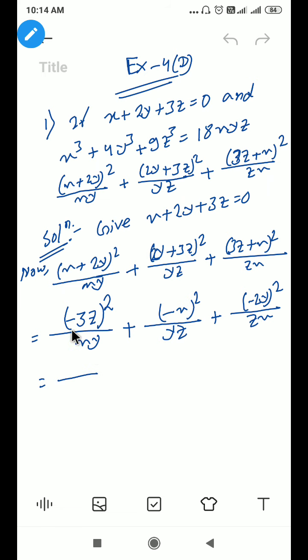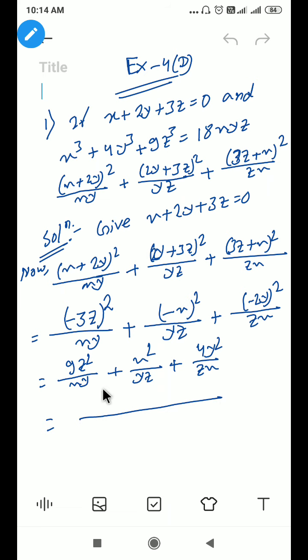If you calculate it, you will get 9z²/xy + x²/yz + 4y²/zx. If you take the LCM of these three denominators, you will get xyz. Which number multiplied with xy gives xyz? That is z. Multiply z with the numerator and you get 9z³.